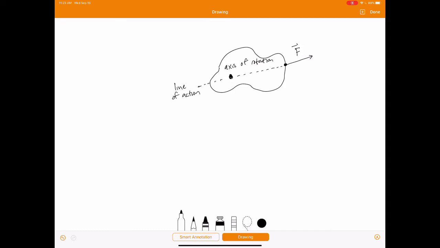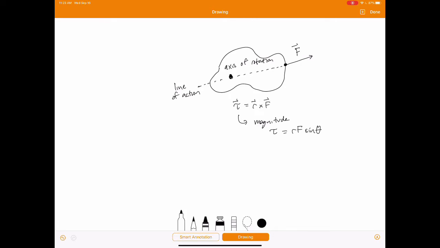Okay, so remember the definition of torque? Well, it's R cross F. And when we think about the magnitude of that torque, we can write it as R times F, the magnitudes of those two vectors, times sine of theta, where theta is the angle between them.